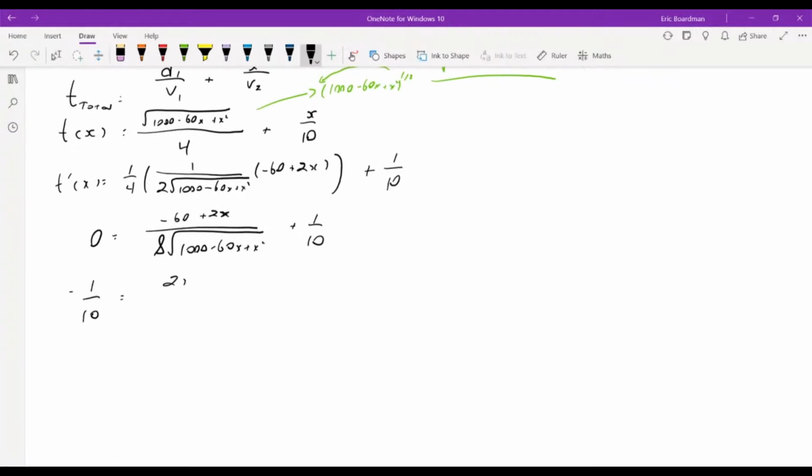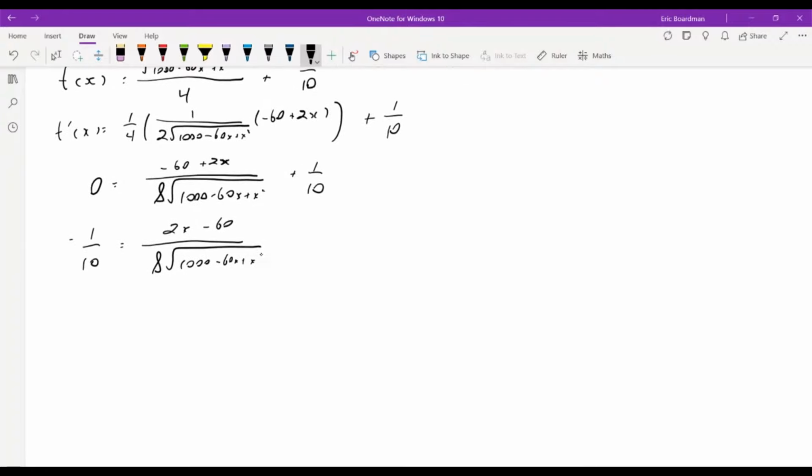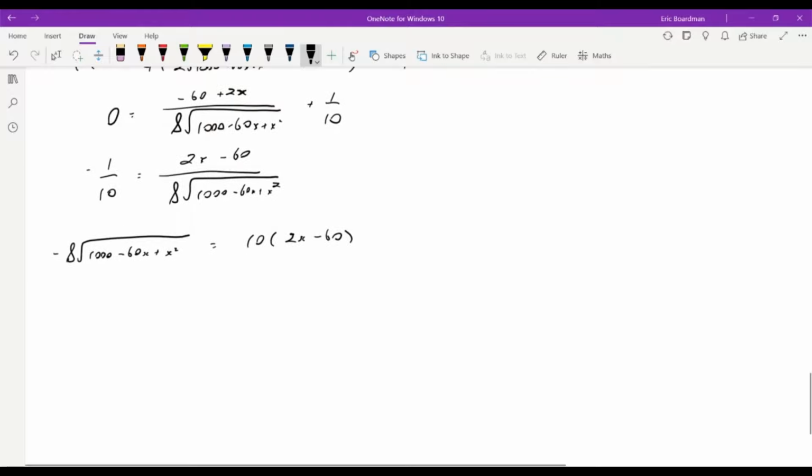I'm actually going to write this as 2x minus 60 over 8 square root of 1,000 minus 60x plus x squared. Now I can cross multiply, so we have negative 8 times the square root of 1,000 minus 60x plus x squared equals 10 times 2x minus 60.